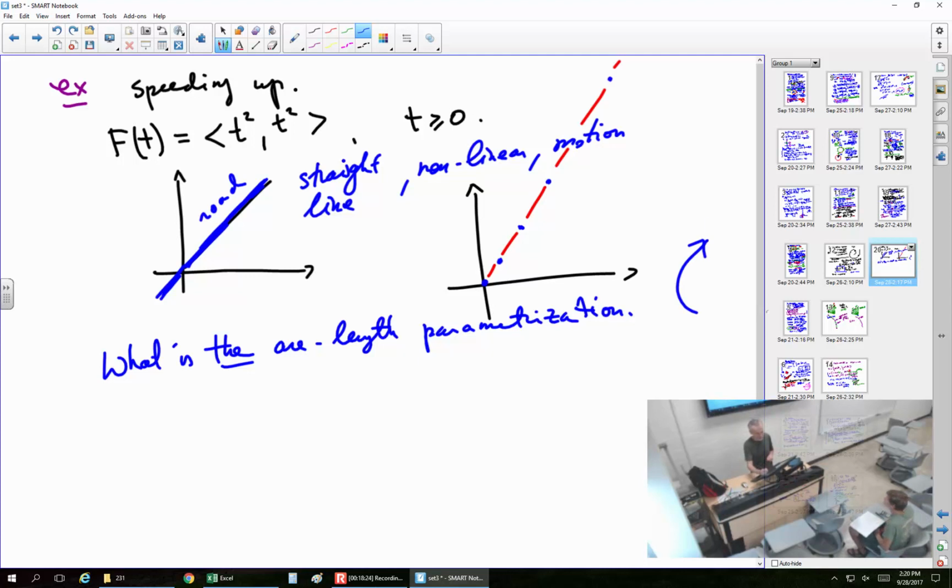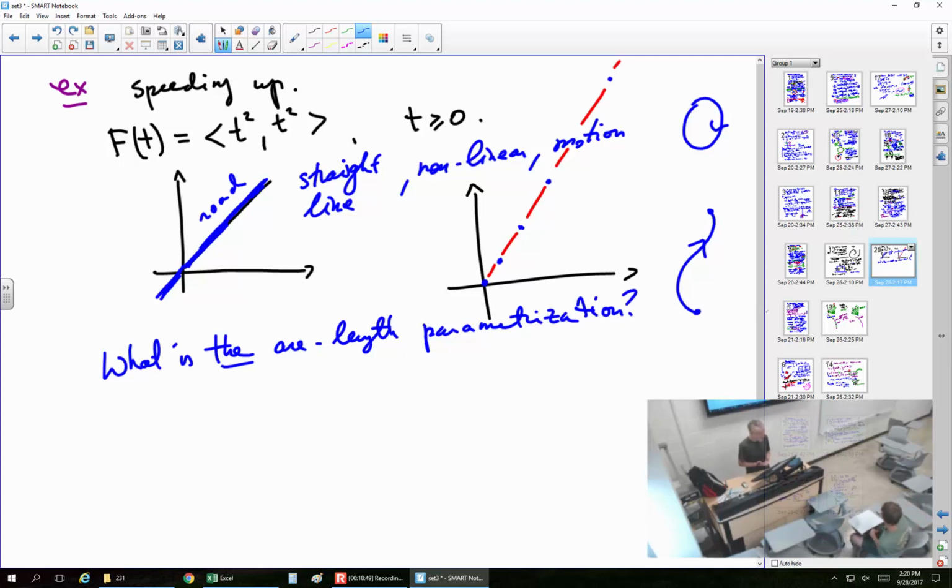If you want to come up with a parameter that has this requirement of the speed equal to 1, then it is logical to parameterize it in the same direction. So if the direction is determined, this is a curve with indicated direction from the beginning to the end. The same can be done with a circle, one way or the other. So then there is only one parameterization. So what is the arc length parameterization?